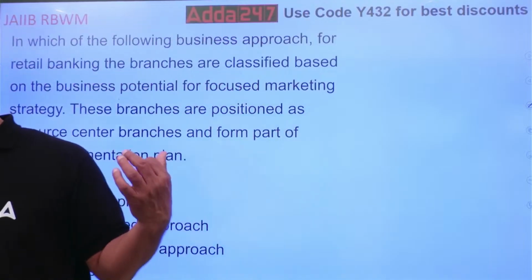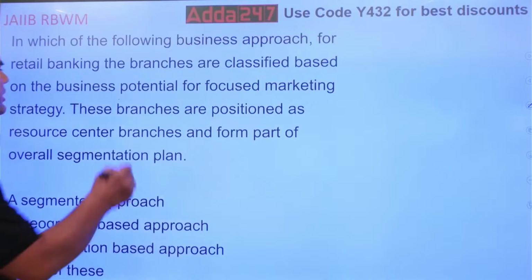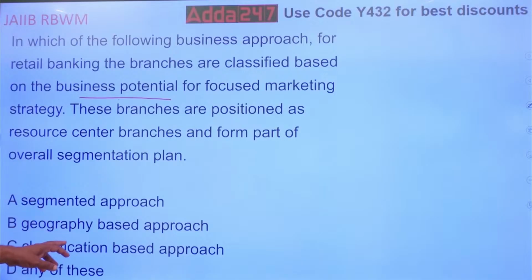The question itself is giving you the hint. What is the answer? Business potential. Just now I told you. Look at the options also: segmented approach, geography based and classification based.